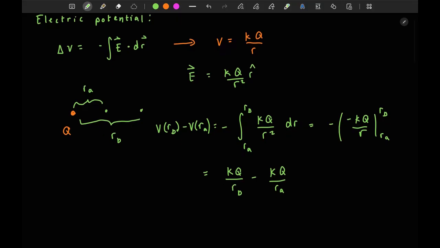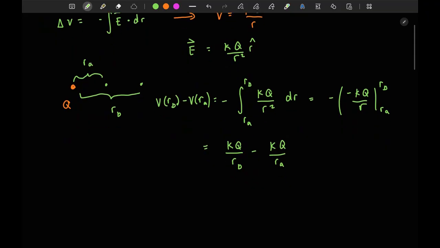So now let's consider the following case, in which I want to set a fixed reference point. We're going to say V at infinity is 0. So we're setting a reference point, which we can now use. If we go back to our formulation, this would correspond to taking the limit as RA goes to infinity of KQ over RB minus KQ over RA.